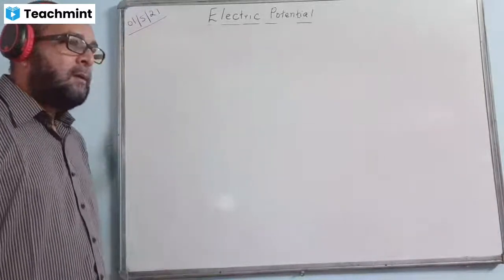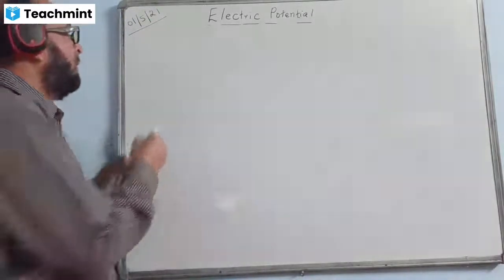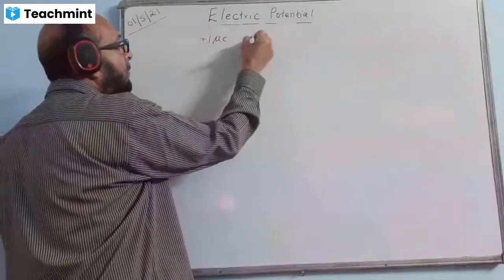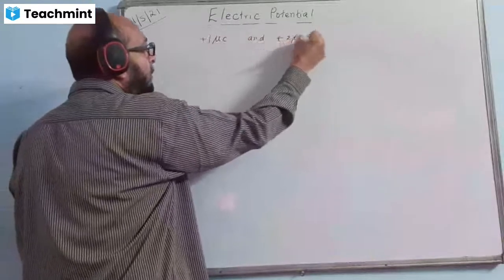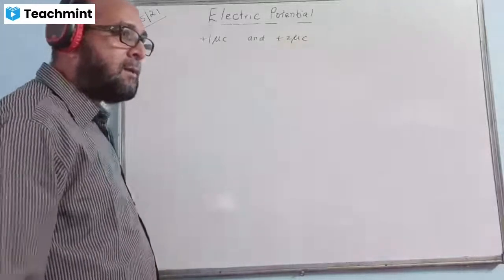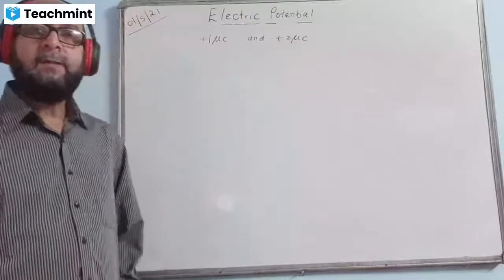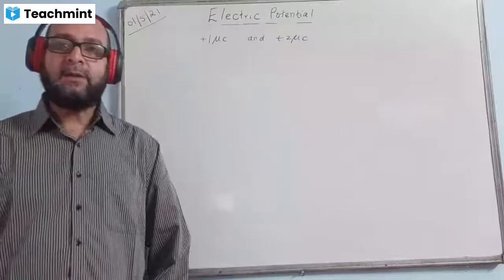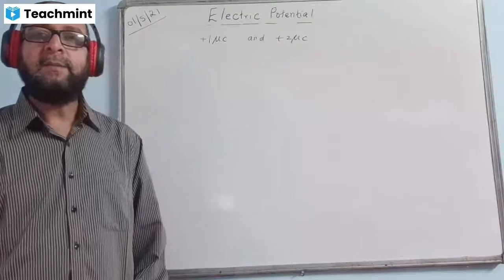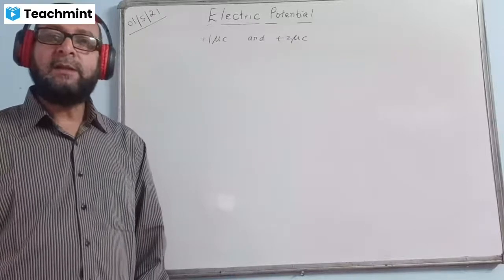Two charges, plus 1 microcoulomb and plus 2 microcoulomb, are separated by a distance 10 centimeter in air.